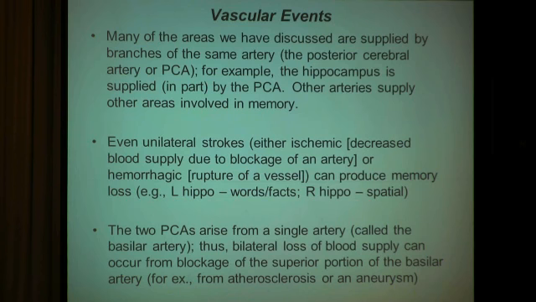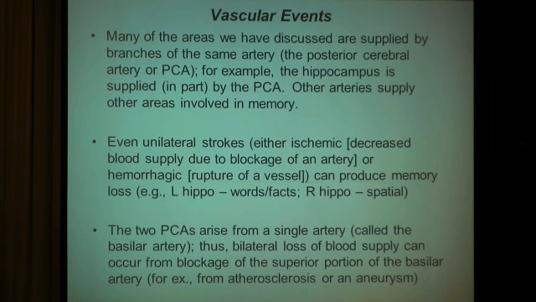If you recall from previous lectures, the left hippocampus is most involved with words and facts, whereas the right hippocampus is involved in spatial memory. So if you rupture an artery that supplies the hippocampus on the right, you start having trouble with spatial memory because you've disrupted the hippocampus on the right.